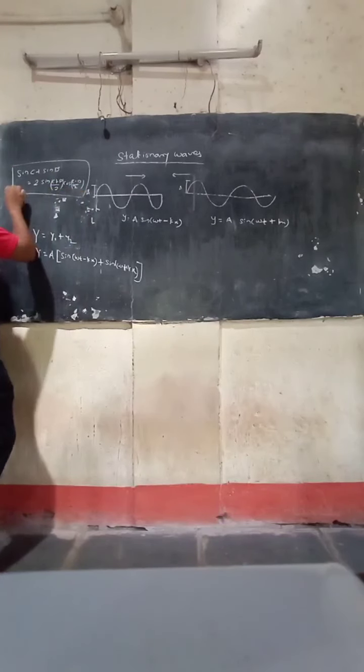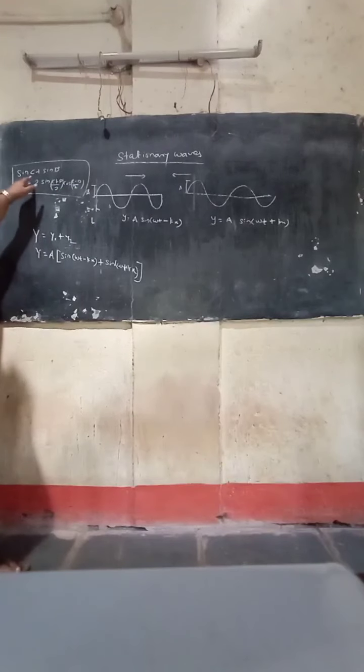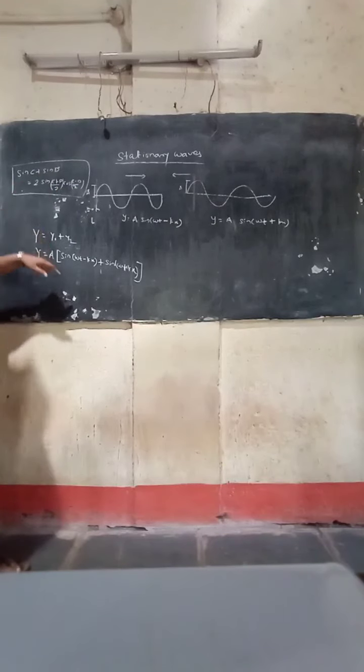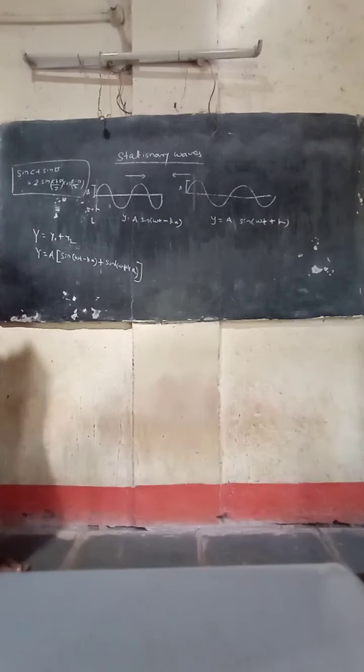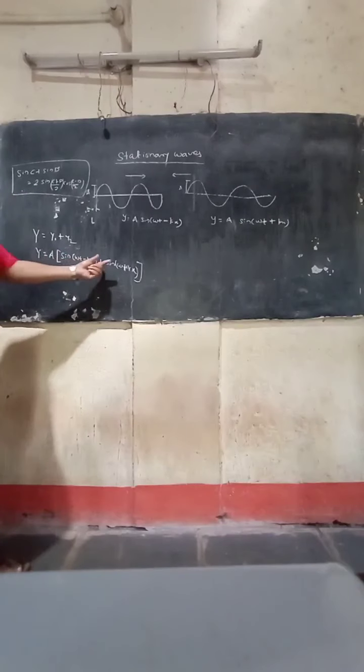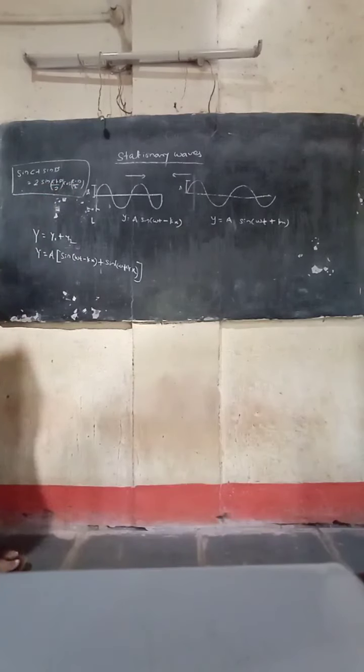Biology, B group students, remember this: this bracket is the first angle and this one is the second angle. So 2 sin of the addition of the two angles divided by 2, and cos of the subtraction of the two angles divided by 2.